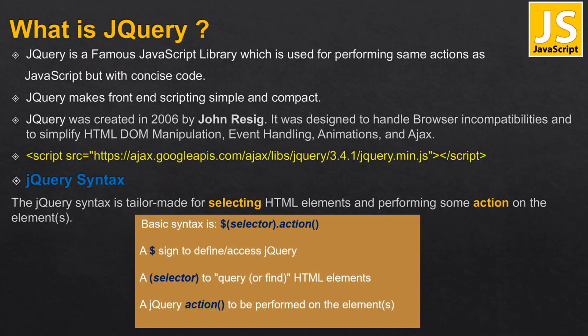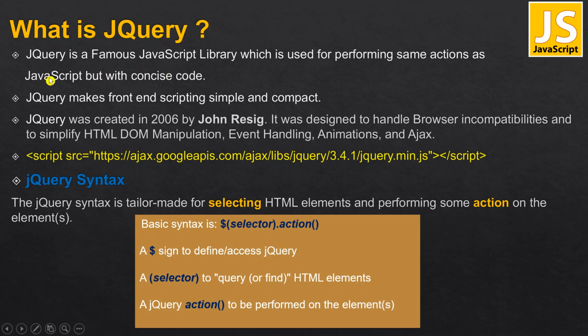So what is the need for jQuery? jQuery is also a JavaScript library. jQuery itself is developed with core JavaScript only, but this jQuery library can do the actions and scripting, all those things that core JavaScript can do, all those things will be done by jQuery also.